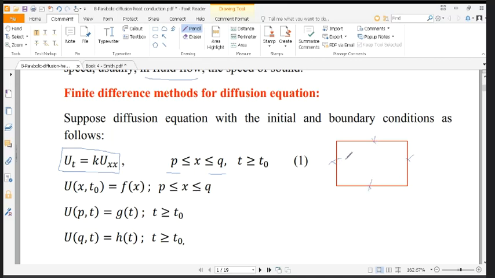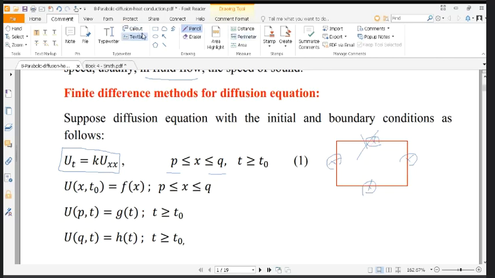For elliptic equations, we need 4 boundary conditions. But for the diffusion equation, we don't need the top condition of the domain, and we need only 3 boundary and initial conditions.